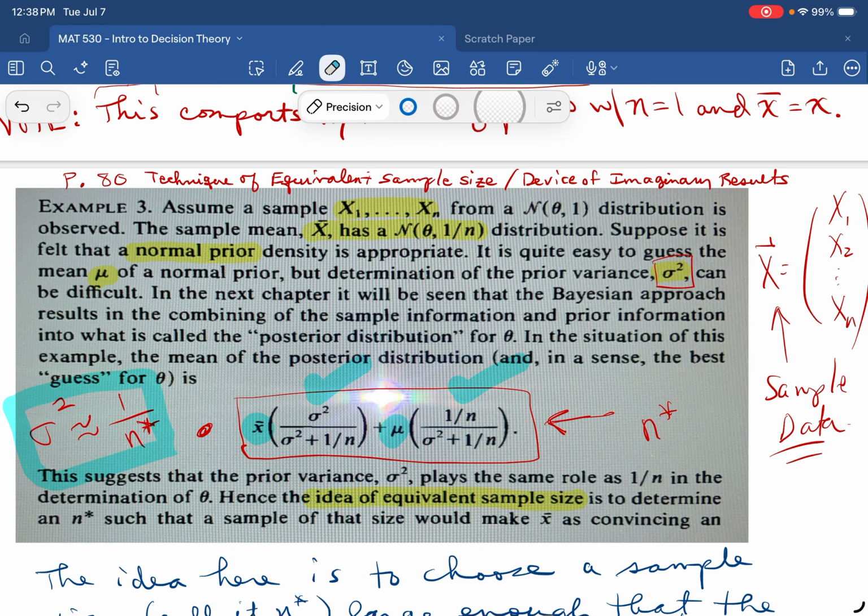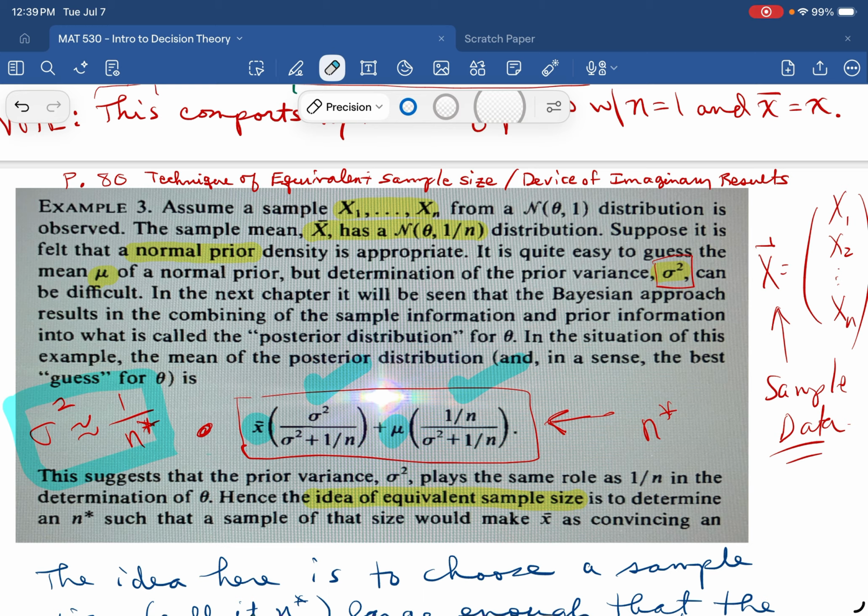It's kind of like we want a 50-50 gamble. The question is, what n value, how much data would we need? At that point, I value our prior mean about as much as I value the estimate of x bar. We would consider both of them to have roughly the same value.